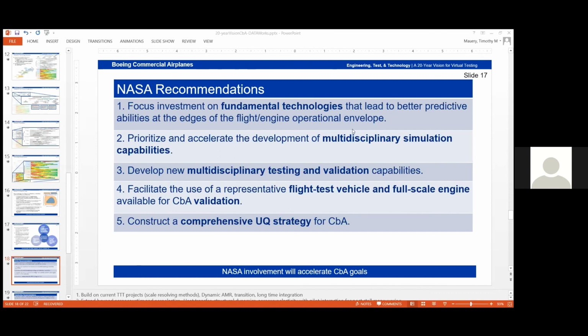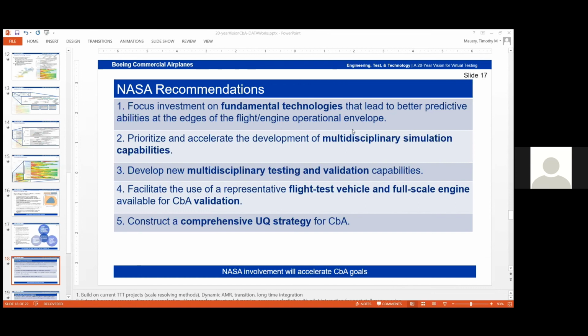And number four is similar to this, and that would be full-scale validation, similar to what was done in the 90s with the F-16XL, although we'd like something with a more transport-type geometry.